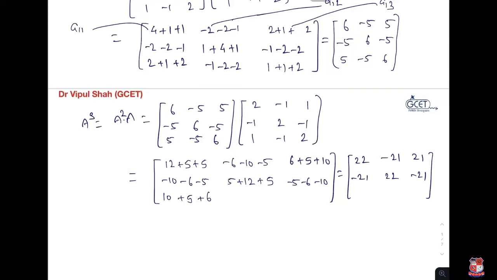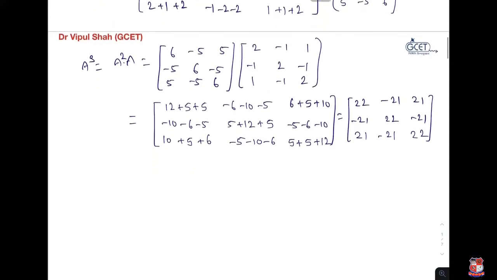Then third row, second column, so minus 5, minus 10, minus 6. Then third row, third column, so 5, plus 5, plus 12, and so we are having 21, minus 21, 22. This is our A cubed.